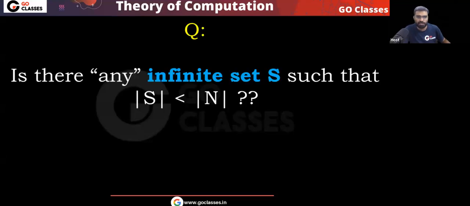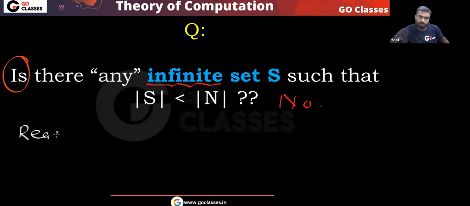Now tell me the answer for this question quickly. Is there any infinite set S such that the cardinality of S is less than the cardinality of N? The answer is no. Give me the reason.